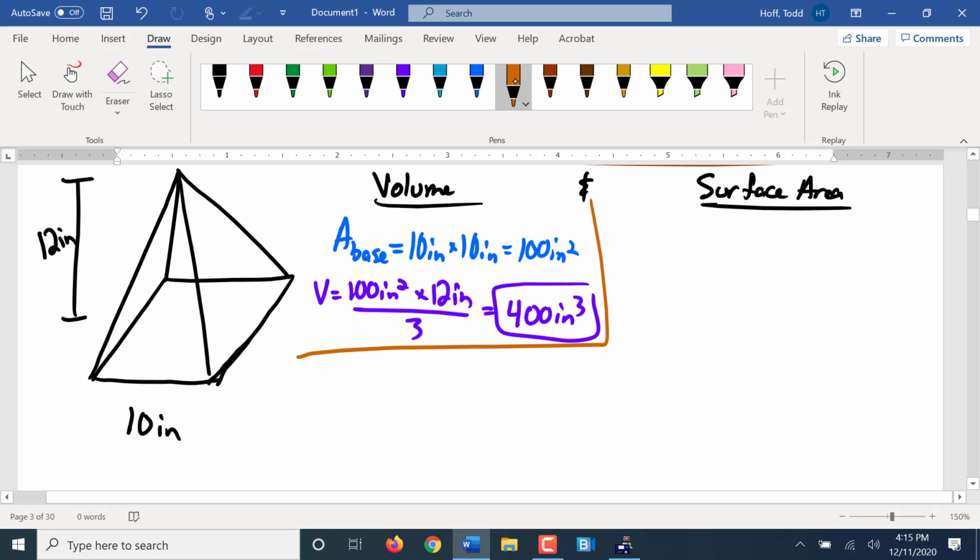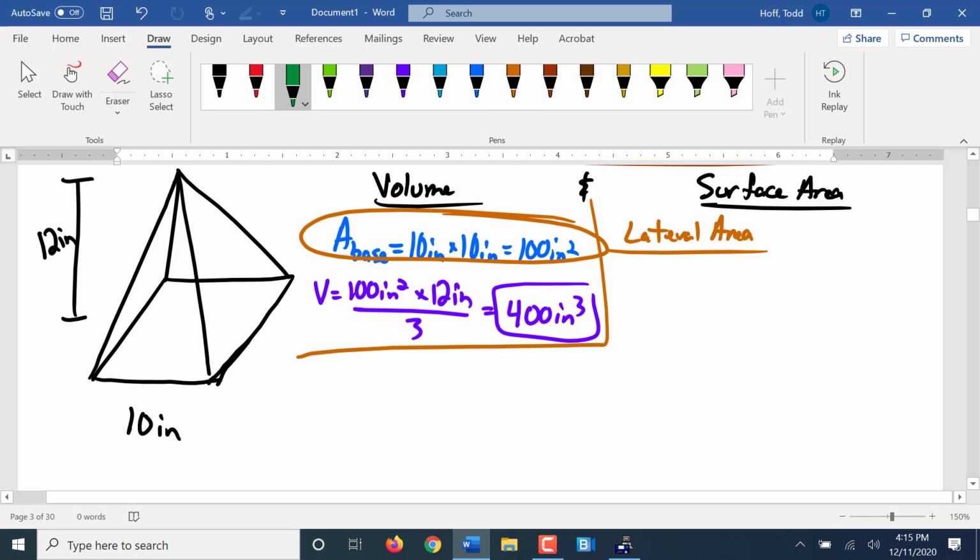For surface area, we need the area of that base yet. We also need lateral area. So what are the two things we need for lateral area? Slant and the perimeter of the base, right? How do we find the slant here? A right triangle, good.